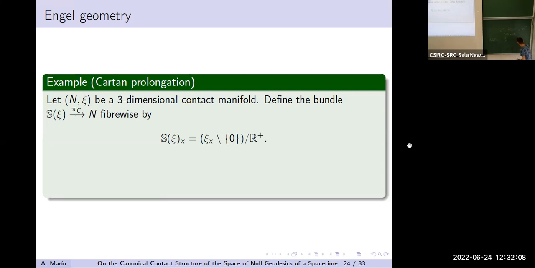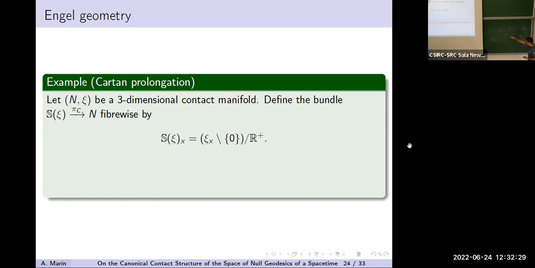So if I have my point here on the contact manifold, I have the contact plane here. So I simply remove the 0 and I quotient that by the action of R plus. So that I get an S1 bundle.